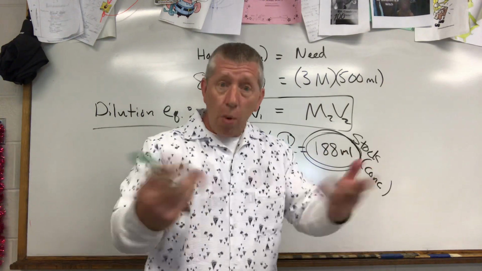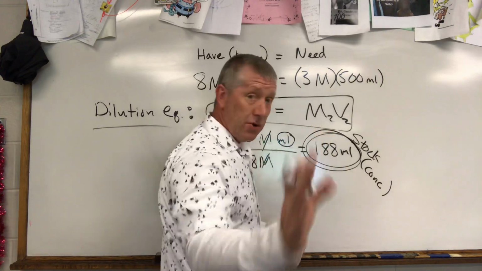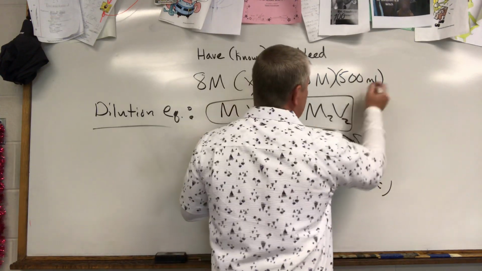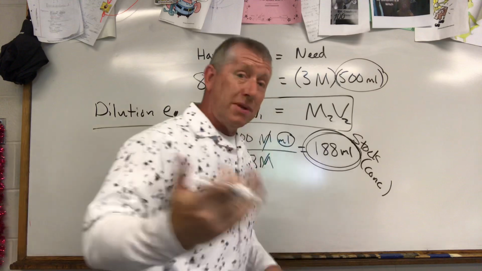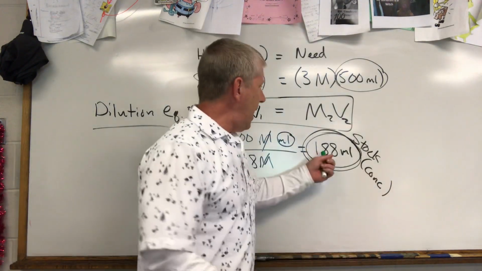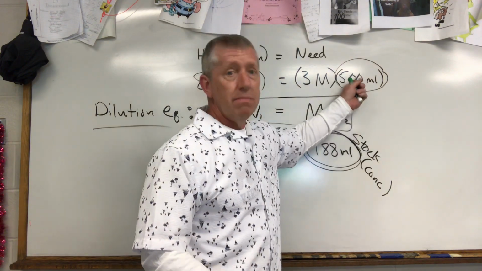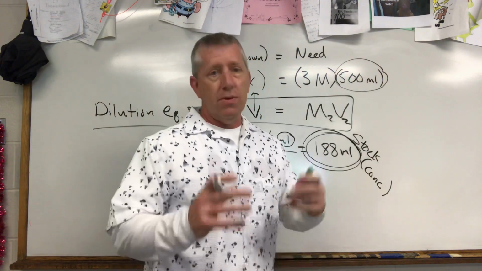So what do you do? You add water. So I have 188 milliliters of the concentrated, and I know I need 500 milliliters altogether. Add enough water until you have 500 milliliters of the solution.